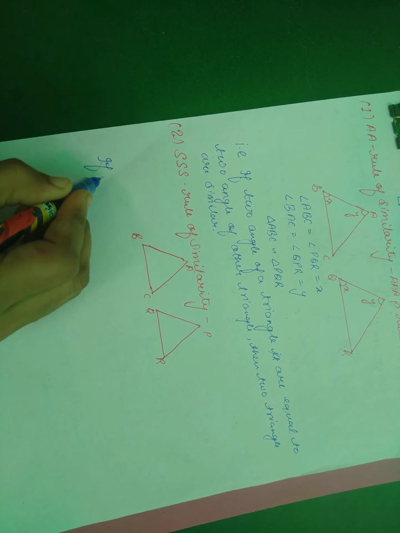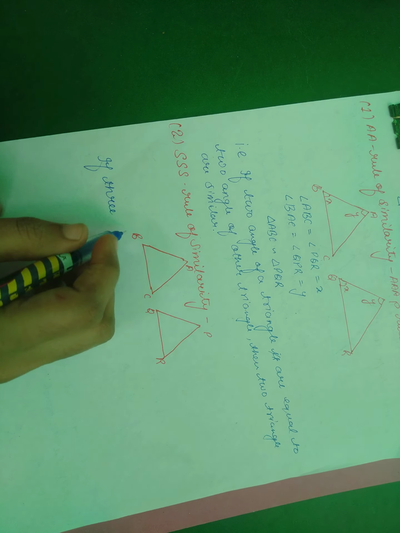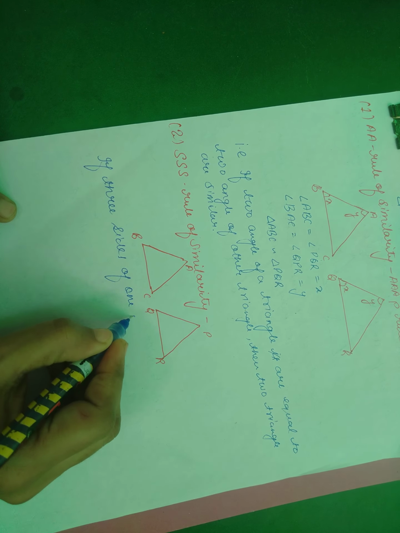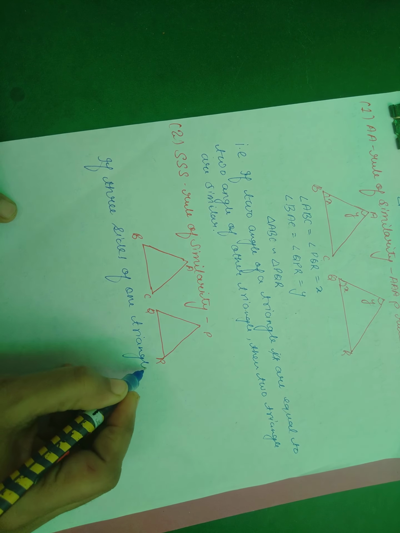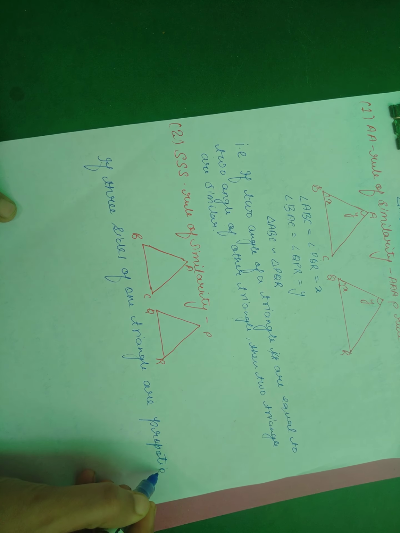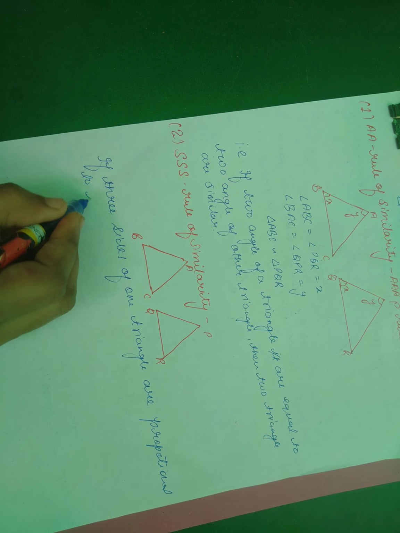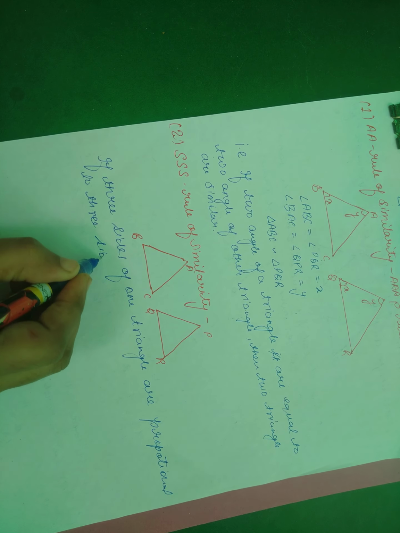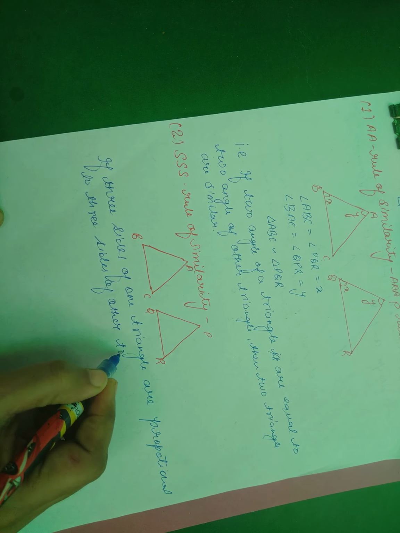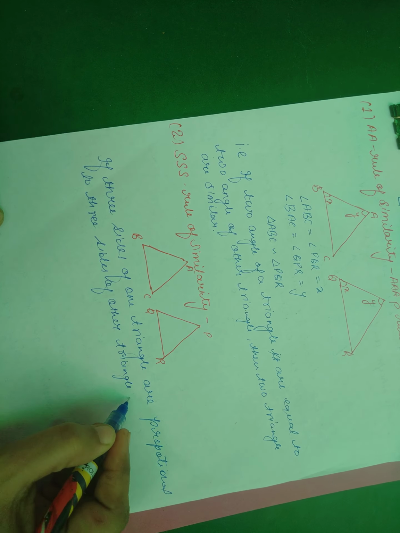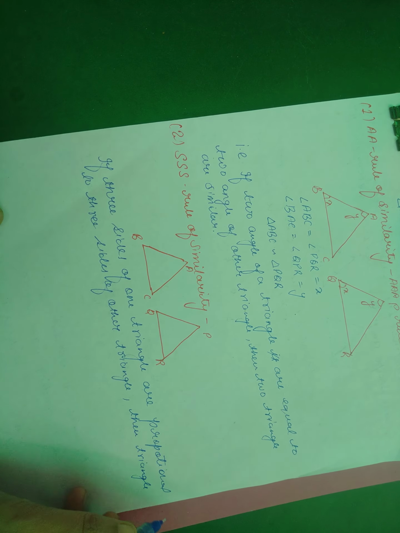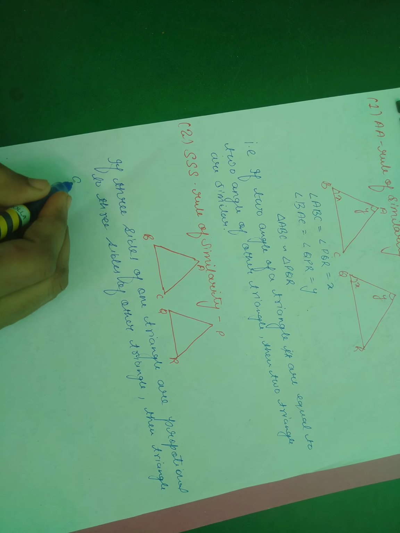So if three sides of one triangle are proportional to three sides of another triangle, then the triangles are similar.